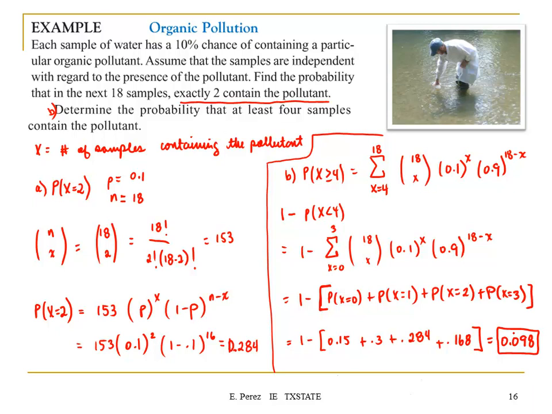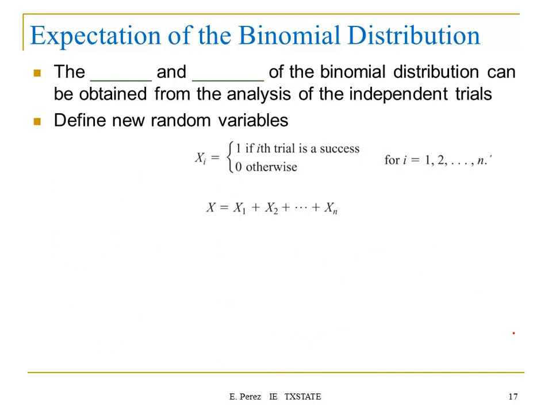Okay, so we have one more thing to discuss about the binomial, and this is tied to the lectures that you watched last week. So now we want to know what is the expectation of the binomial distribution. So remember, this is a random variable. The only thing is that we are describing a random variable using a distribution.